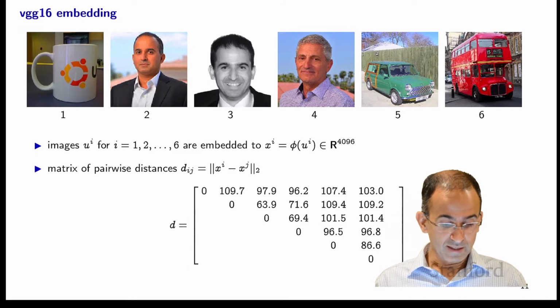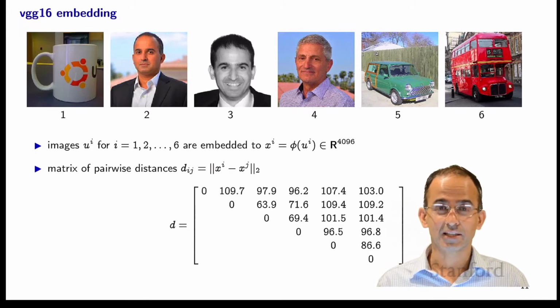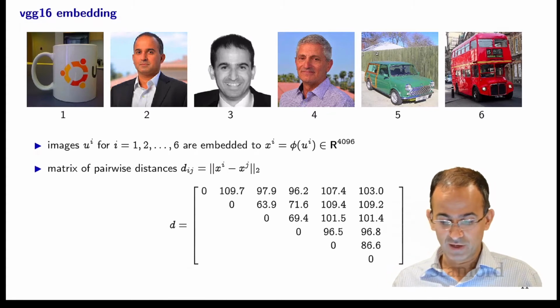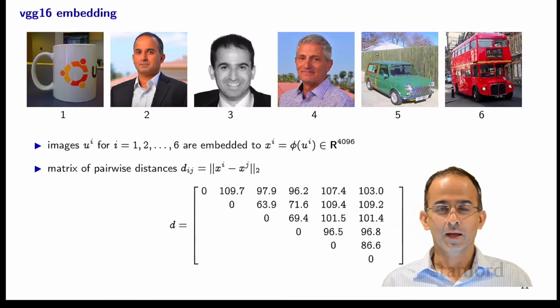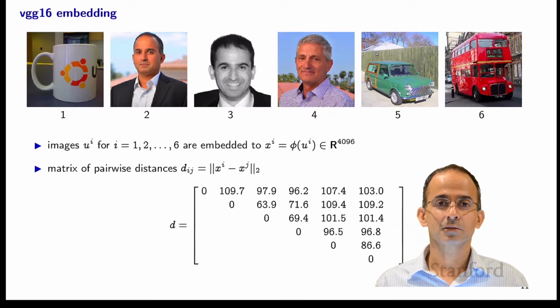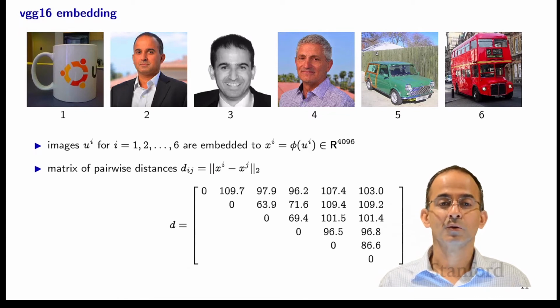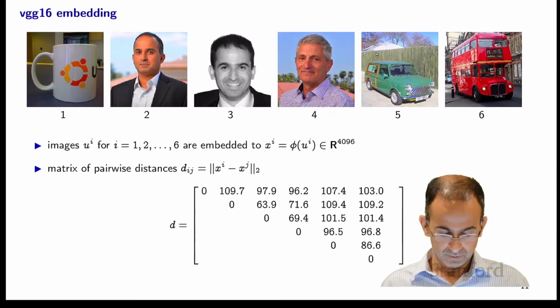So let's take these images and embed them under the VGG16 map, and for each one of them we're going to get a 4096 long vector. And what we've done here is looked at those images in pairs, and for each pair of images computed the distance in terms of the Euclidean norm between the 2 corresponding embedded vectors.